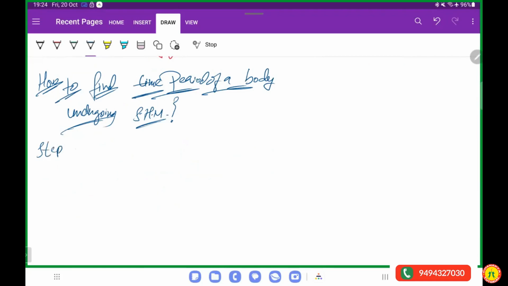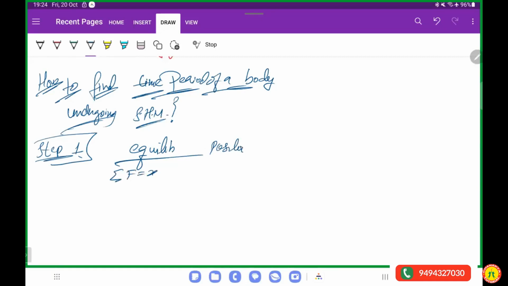So let's say step 1. First thing we need to know, find the equilibrium condition. So how to find the equilibrium condition or position? By summation of F equals 0 and summation of tau equals 0. F means translatory, tau means rotatory.